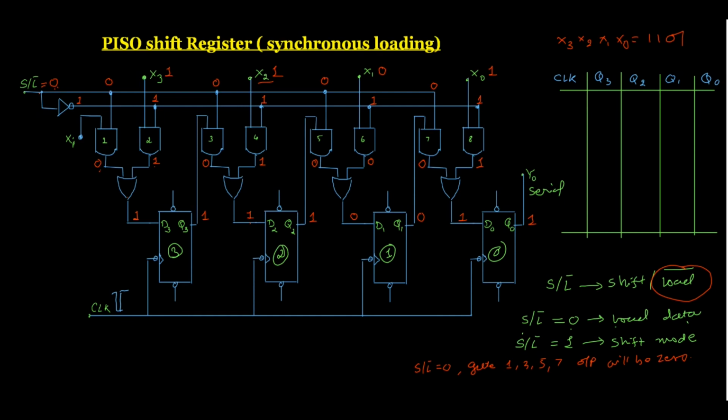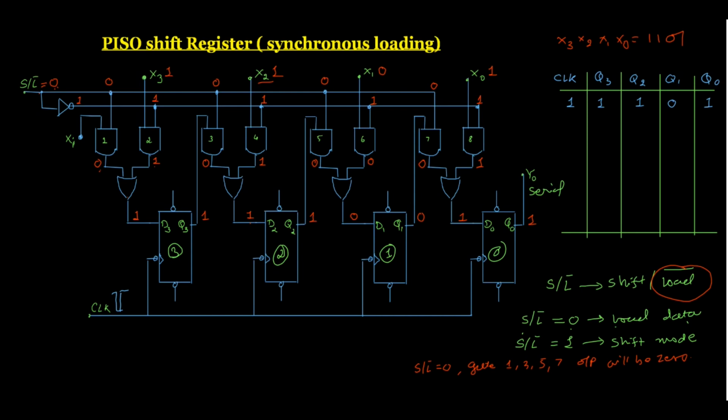So remember, when we apply the first negative edge of the clock pulse, then Q3 is 1, Q2 is 1, Q1 is 0, and Q0 is 1. Means my data is transferred or stored into the shift register.